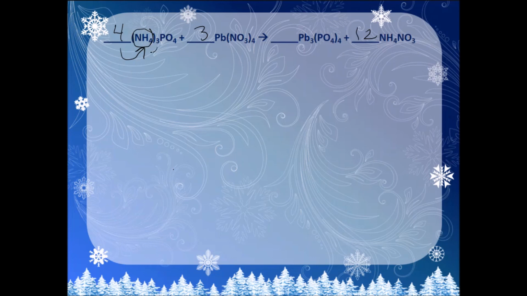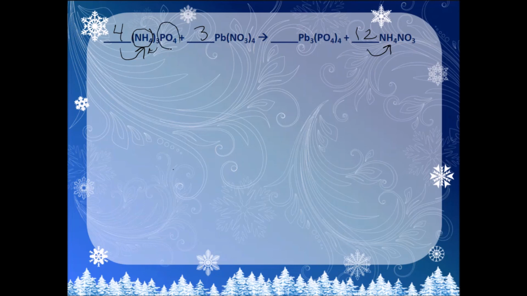I have 3 of them to begin with, and now I'm going to multiply that by 4. How many ammoniums? 12 times 1 is not 13, but 12.